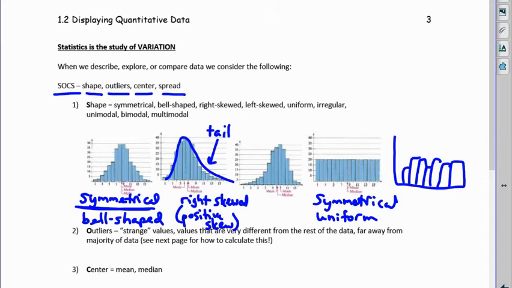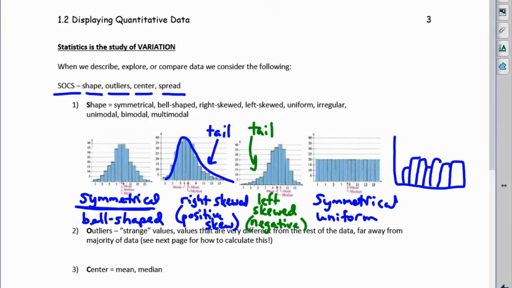Then we have this next one where the tail is on the left. And so that one we call skewed left or left skewed. And that one is negative skew. I'll just put negative. So negative skew.